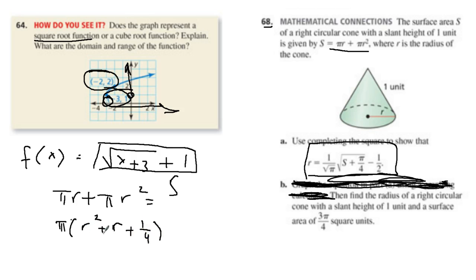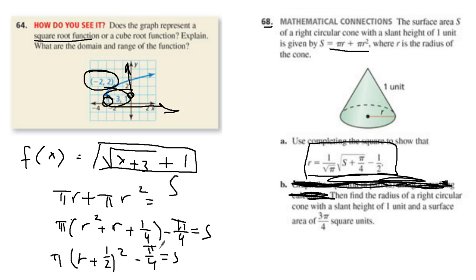And since you're adding 1/4 inside, and it's multiplied by pi, you have to subtract pi over 4, and that's equal to S. So then you can do pi times r plus 1/2 squared minus pi over 4 equals S.